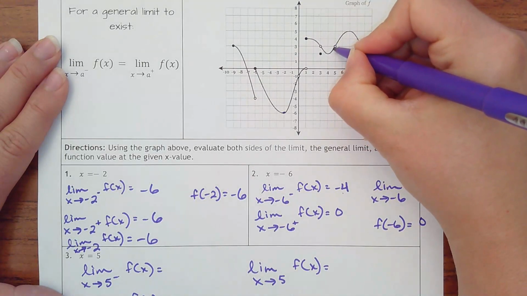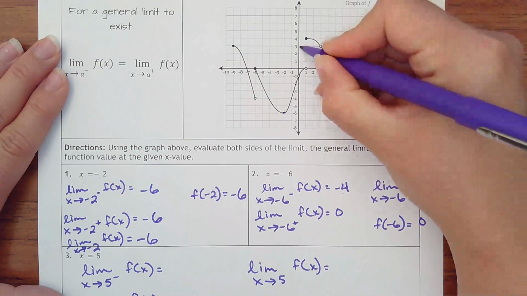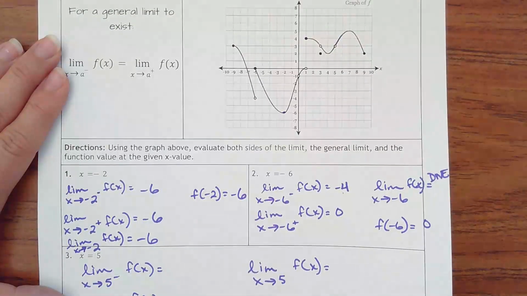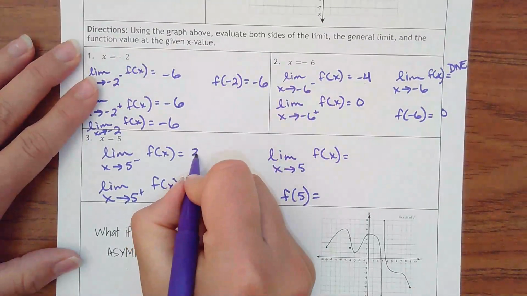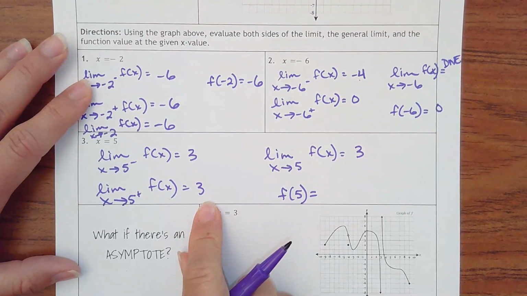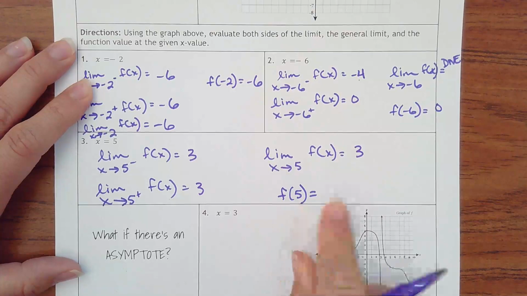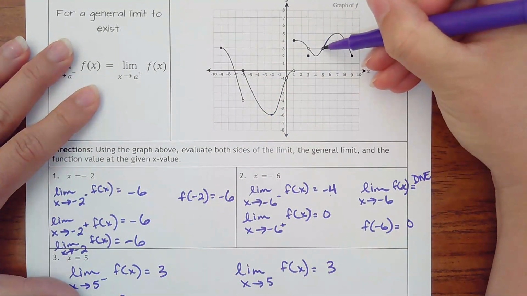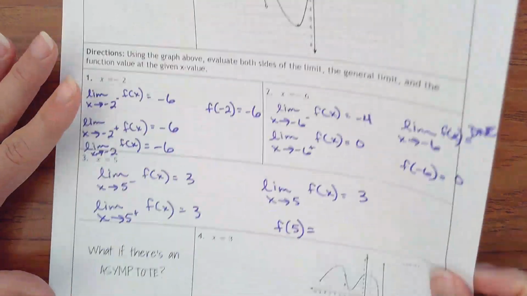So as I come from the left, I'm approaching a y value of 3. As I come from the right, I'm approaching that same y value of 3. So it so happens that the general limit will be 3 because it approaches the same number from left and right. f of 5, however, since there's only an open point here, this would be undefined.